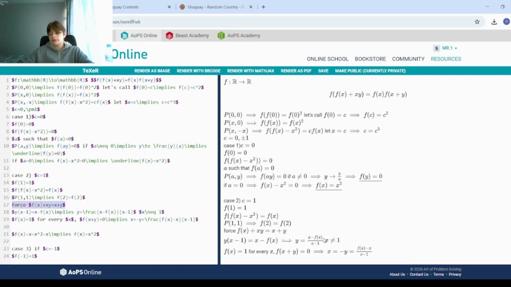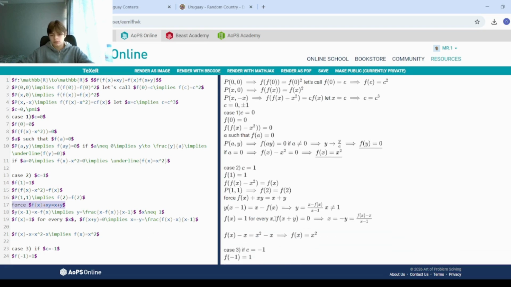Actually we can try that. So if this is equal to 0, then we are done, and if not, we get f(x) is equal to 1, and that's it.